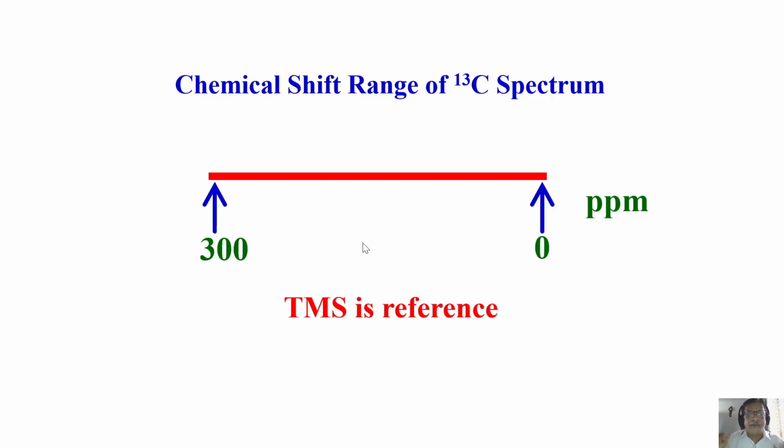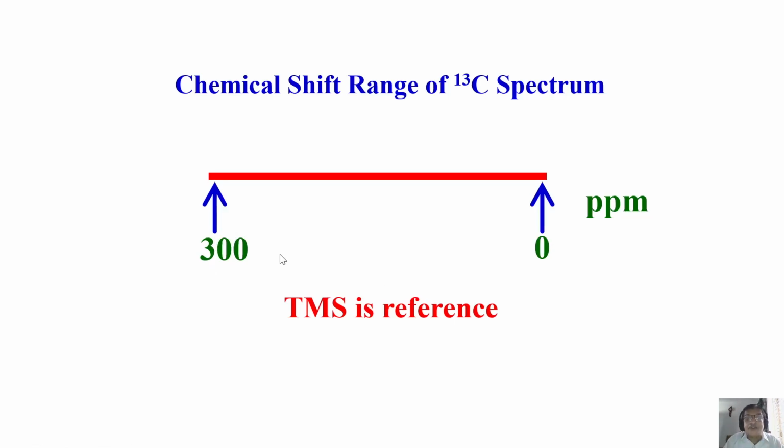That's all my range of observation. That is the width of the spectrum I want to see, called spectral width. If I have to see carbon 13 in the same 500 megahertz, 125 megahertz is the carbon frequency. Now 125 into 300, it is 37,500. It becomes huge.